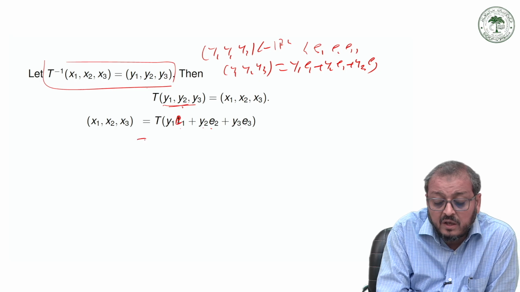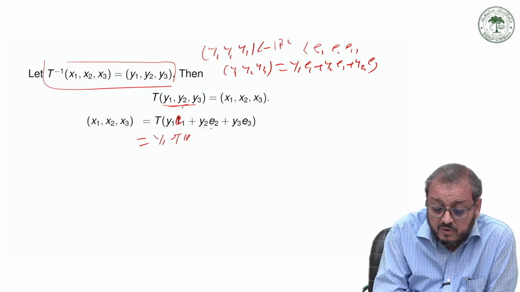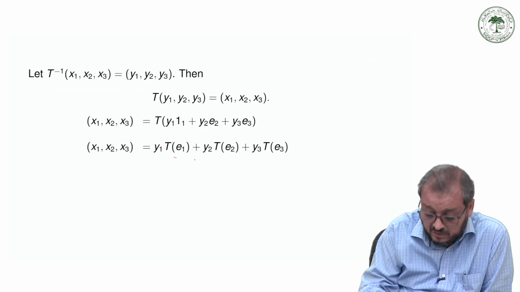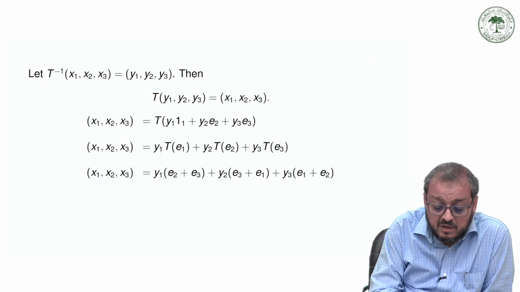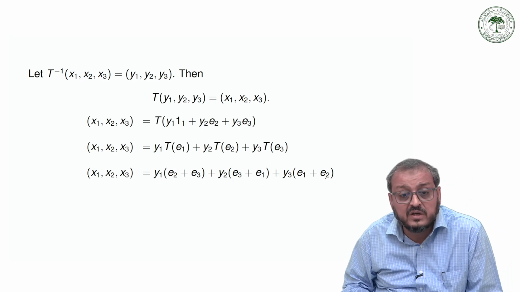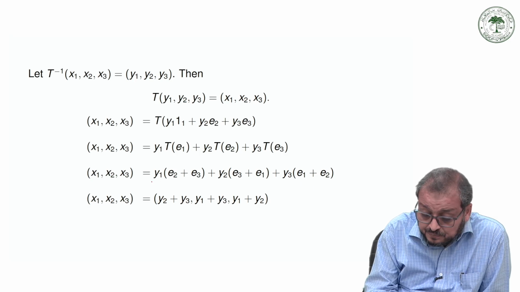Now, T is linear, so this can be written as y1 T of e1 plus y2 T of e2 plus y3 T of e3, and we substitute the values of T of e1, e2, e3 and simplify.